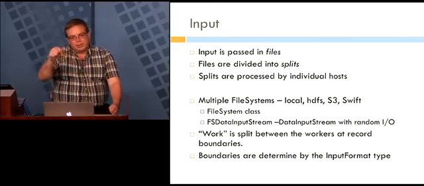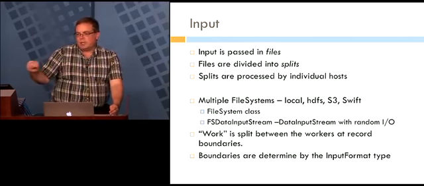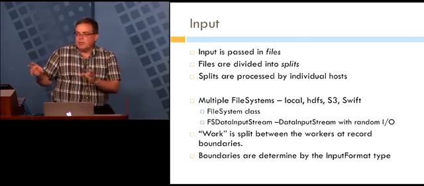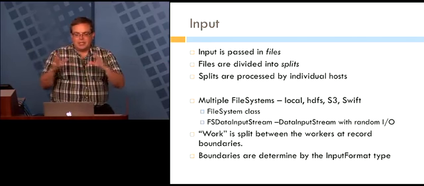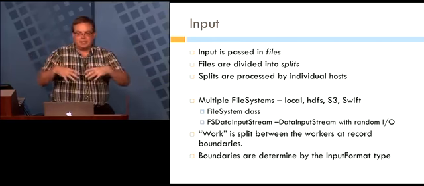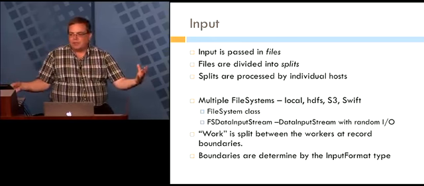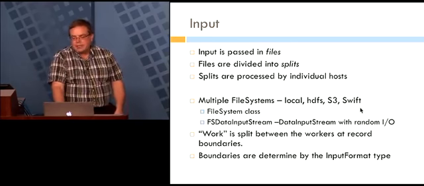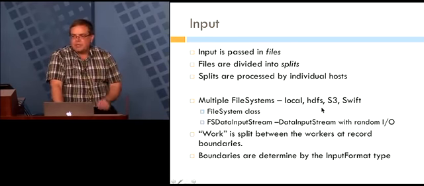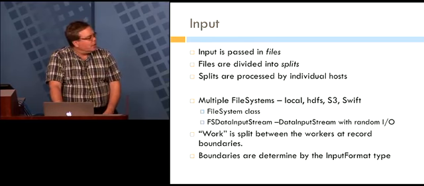Then it could use files from ~Grunwald/sample input, for example. But it's not useful in a distributed context because my laptop isn't distributed across those different nodes. HDFS is the Hadoop file system that we'll get to in a little more detail in a moment.